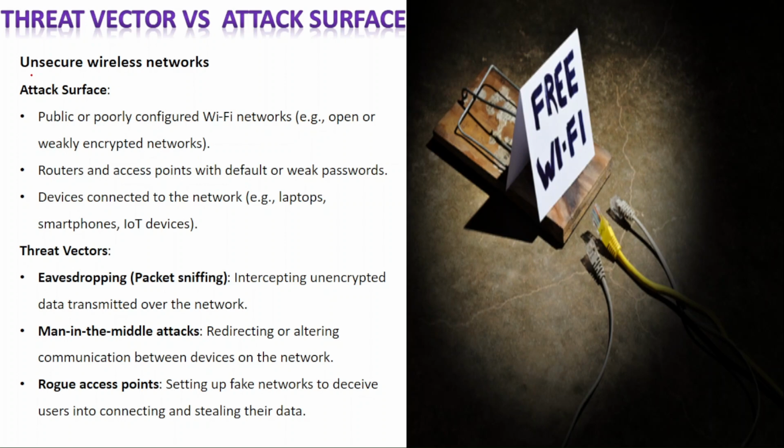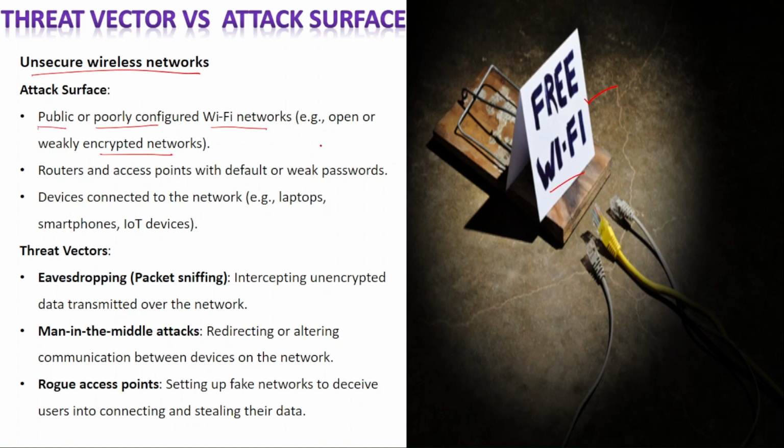Unsecured wireless networks. So the attack surface is public or poorly configured Wi-Fi networks, for example, open or weakly encrypted networks. So remember the open or publicly available Wi-Fi networks such as at the airport or at cafes. They are very dangerous to use from a cybersecurity point of view.